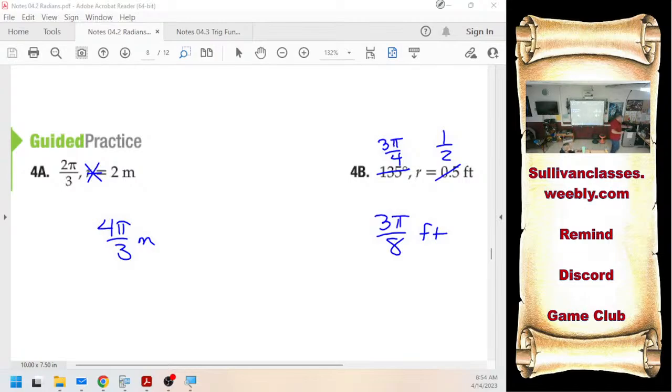Hopefully this doesn't fling off of there. But if you just spin something, right? If you did a slow-mo video of that and then stopped it when it was here and stopped it when it was here, right? That's arc. It's from here to here, and it's that curved distance.